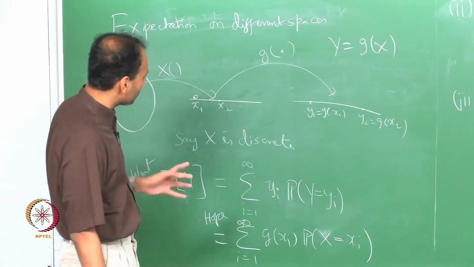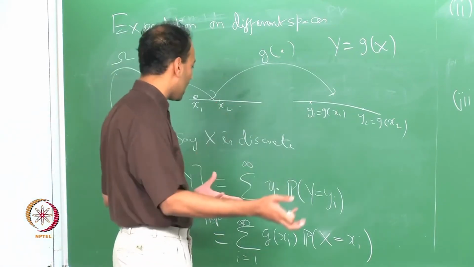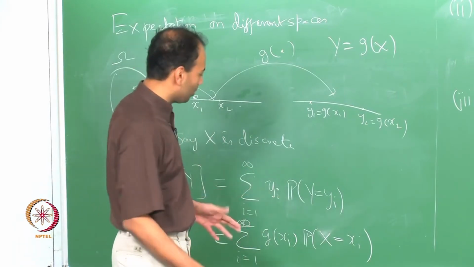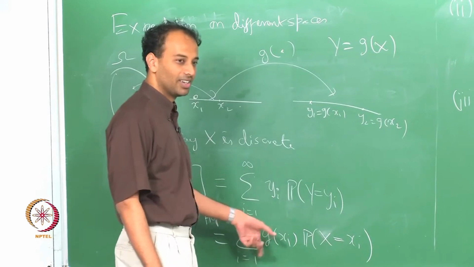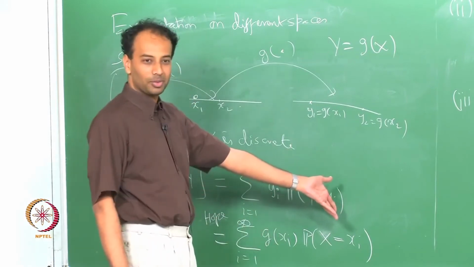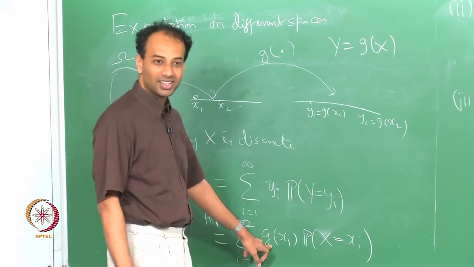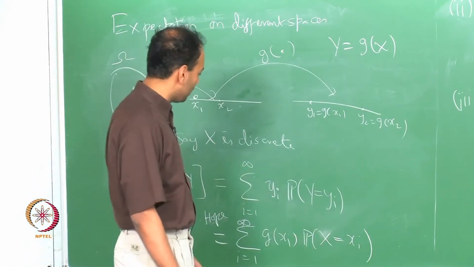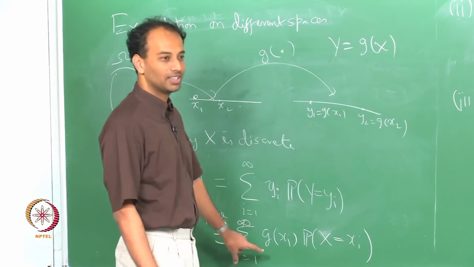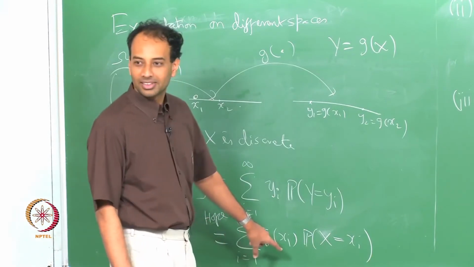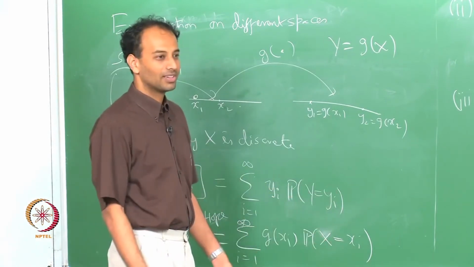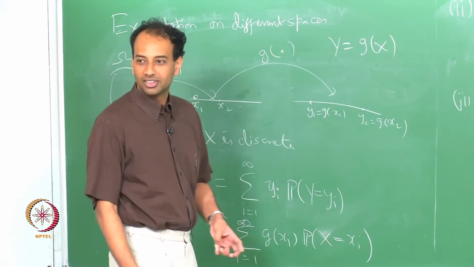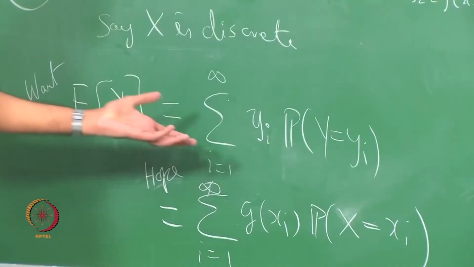But if I ask you to compute the expectation of x squared or log x or something, you would do a sum over x squared times probability, so g of x i times the probability x is equal to x i. You probably have not thought about whether they are actually equal, right. You know that you get the same answer whichever way you do it, but you have just been doing it in your elementary courses.